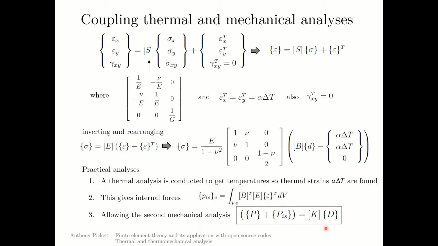We can then get our displacements. And from our displacements, we can get the element displacements, and then we can get the element strains and the stresses. So it's a two-step process. First of all, a thermal analysis, with temperature results being fed through to a second mechanical analysis.